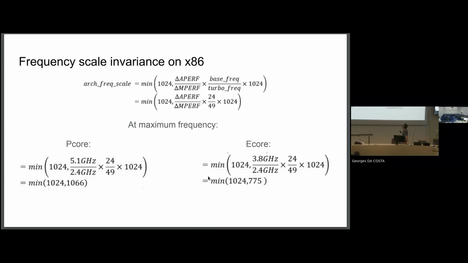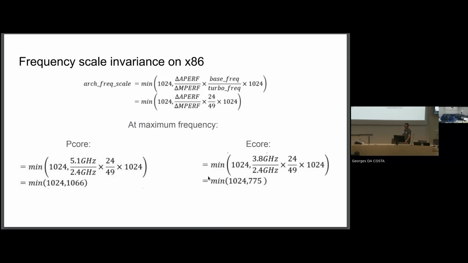I don't want to say these are frequencies; these are just numbers. Yeah. So this is for a specific system, right? Yes. It can vary from one system to another, and this is for a specific system. Exactly. This is the machine that I use for the experiment, which is an Alder Lake system.